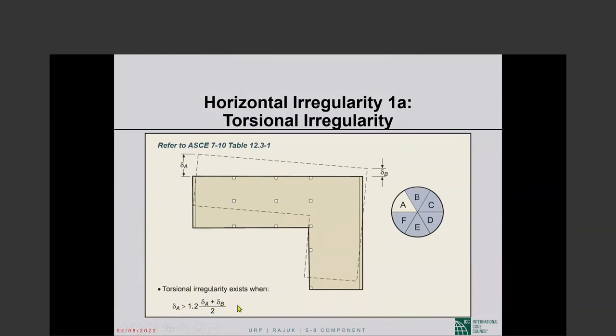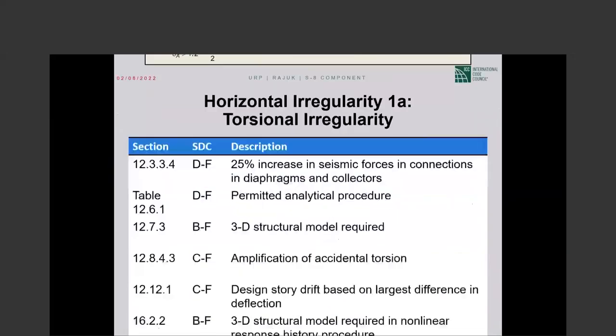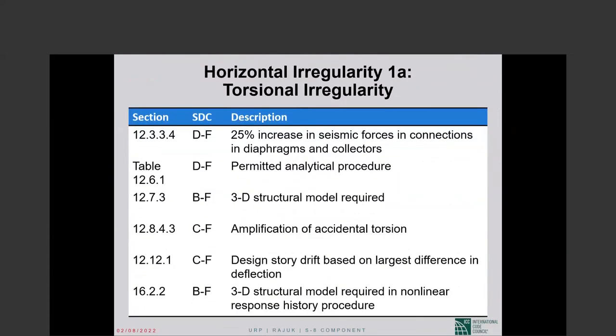If this is true, then we have type 1A irregularity as shown in this picture. If we have 1A irregularity, then those are the provisions of ASCE 7 that get triggered. We have to abide by all of those requirements.